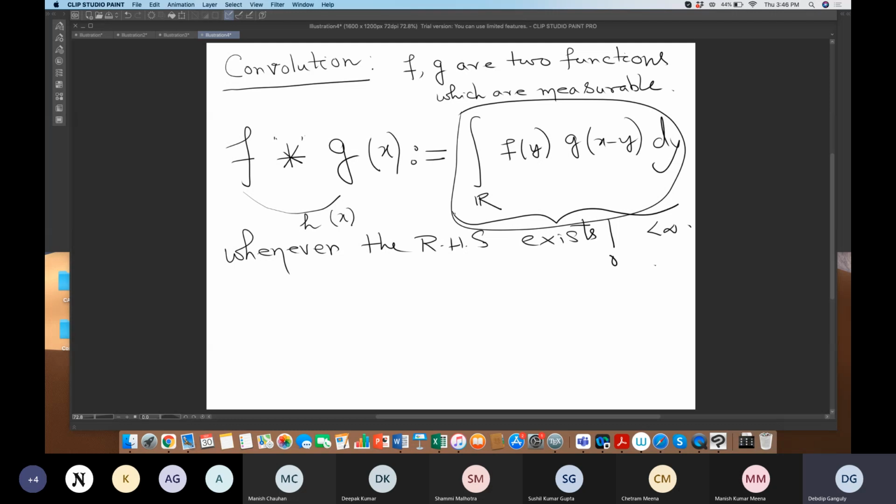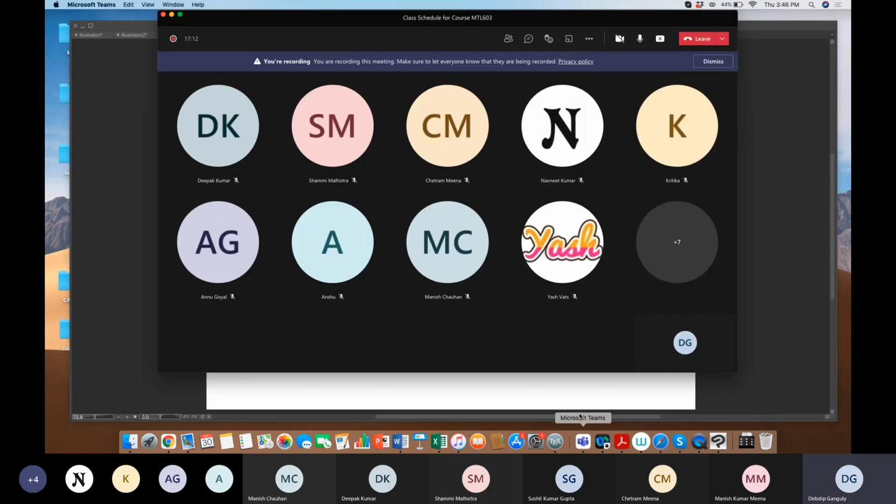Now tell me immediately: what sufficient conditions can I put on f and g so that this integral makes sense? Quickly. Today I will do all the preliminaries, so don't worry.